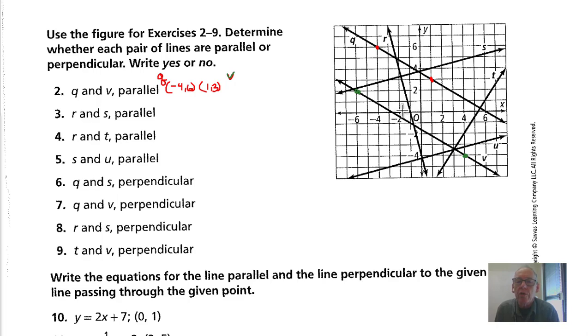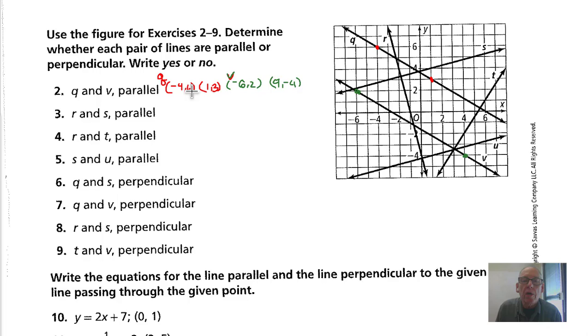So one of them is negative 6, 2. And the other point is 4, negative 4. So we've got to figure out what the slopes are. If the slopes are the same, they're parallel. If the slopes aren't the same, they're not.